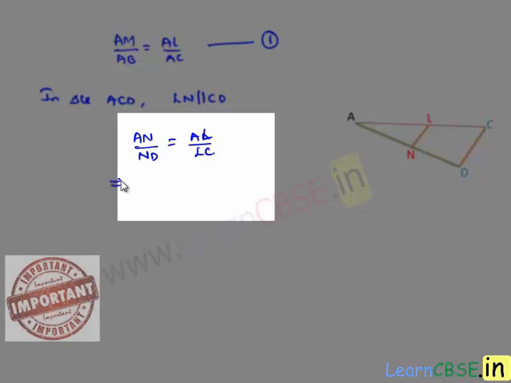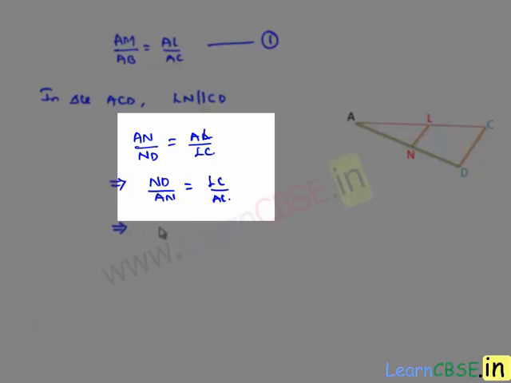Which implies, let us converse the ratio, then it becomes ND by AN is equal to LC by AL, which implies, let us add 1 on both sides so that we get the proportion in terms of AD.